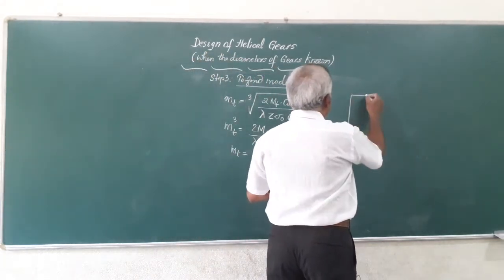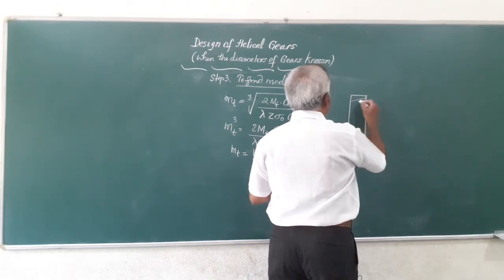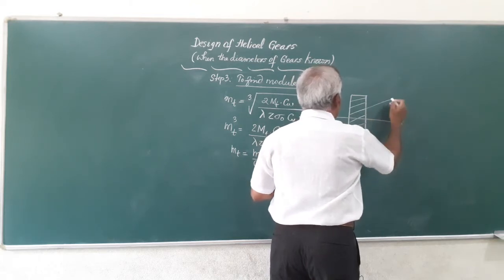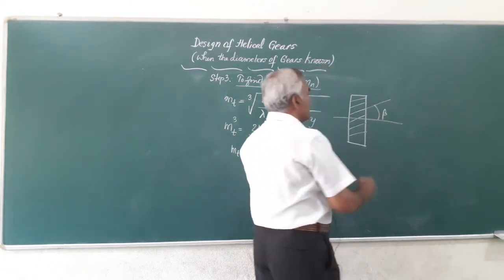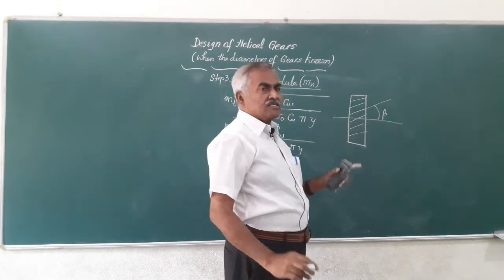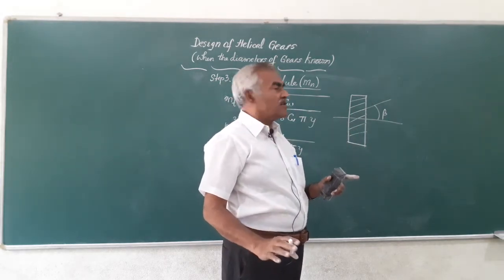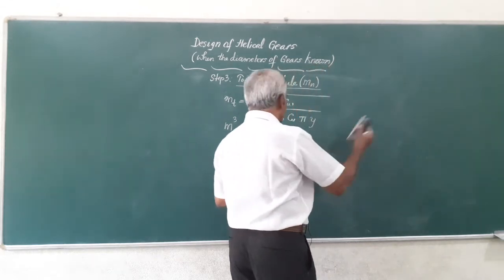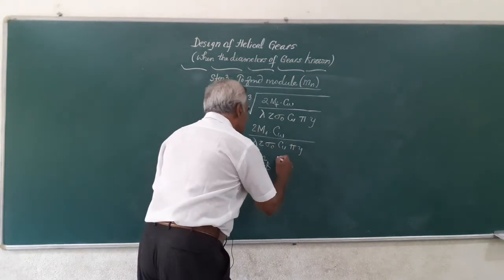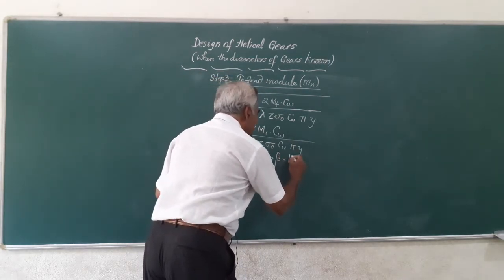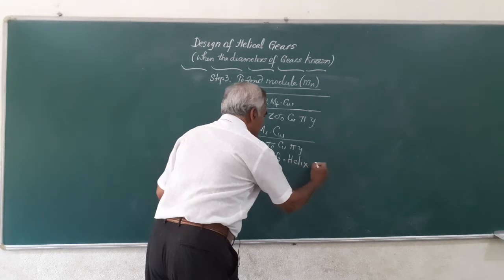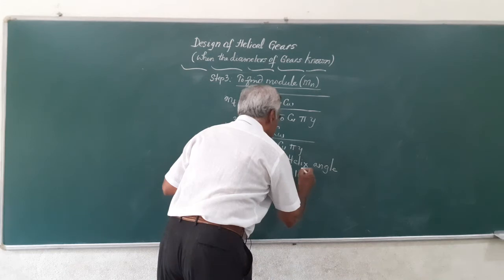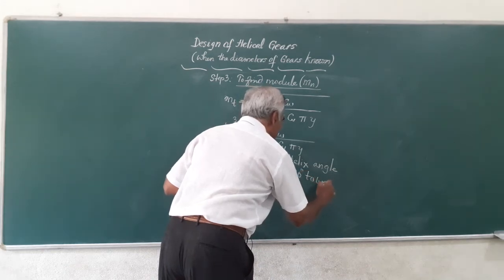Friends, if you take the side view of this helical gear, the teeth are cut at an angle to the axis, and this angle is called beta. The value of beta, the helix angle, varies from 10 degrees to 45 degrees.